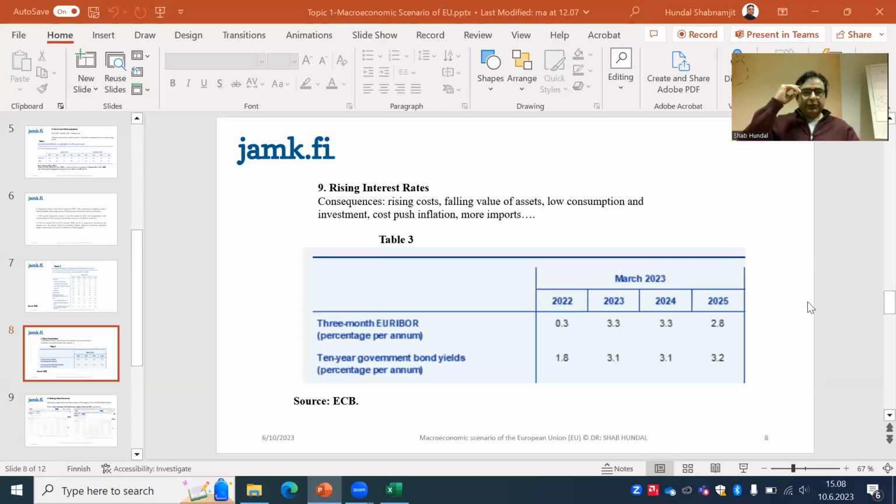And then we quickly move on to the interest rates, and you can see that the 3-month Euribor rate, which in 22 was 0.3%, in 23 is 3.3%. And what is the Euribor rate?